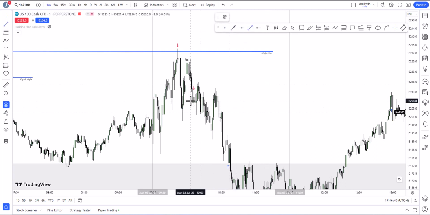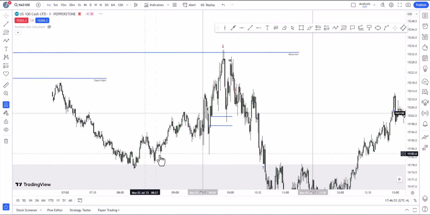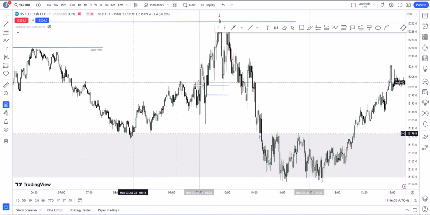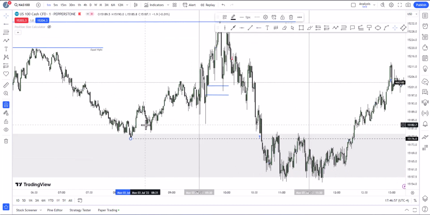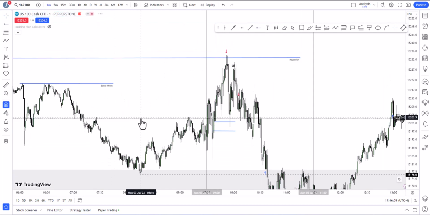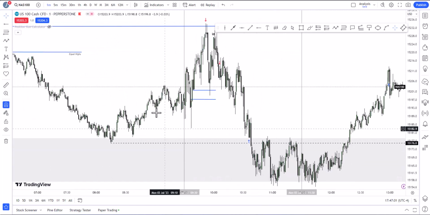But I sold here on the rejection block, price came down, and filled in the fair value gap there. As you can see, obviously what was still resting here, sell side, so price made a run down, tagged that.